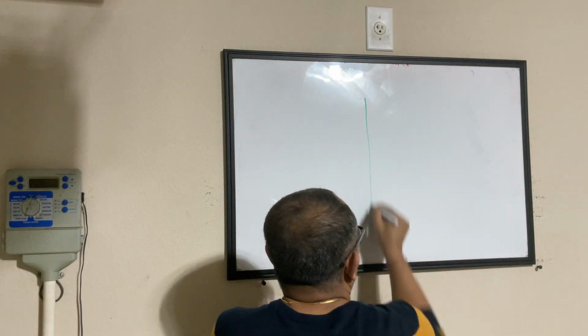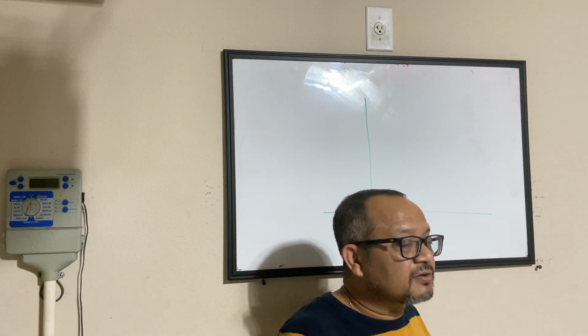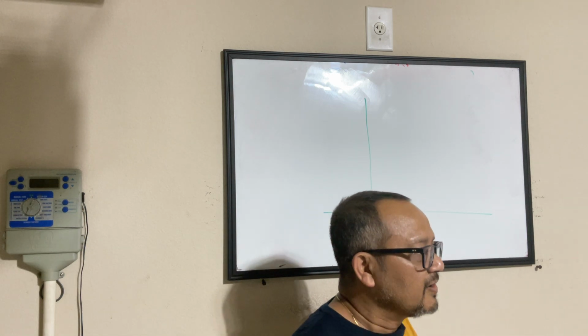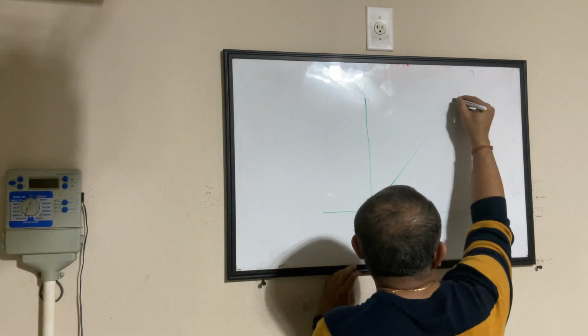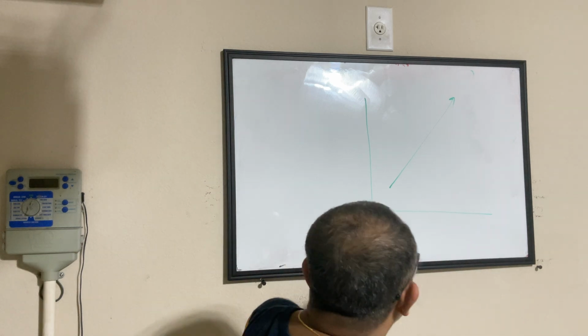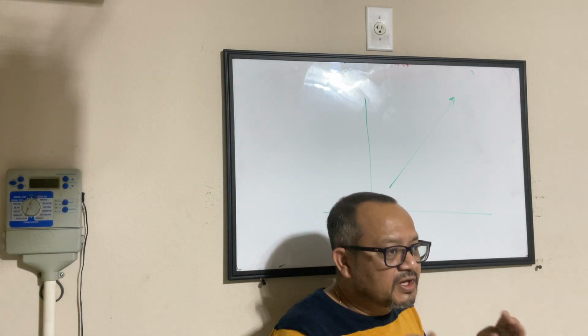Now, what we are trying to figure out is how to find the magnitude of a vector from a graph. It's very simple. This is something that we did already. Let's say this is my vector, and when somebody gives you a vector, what do they give you?